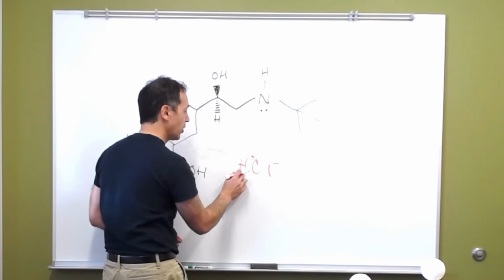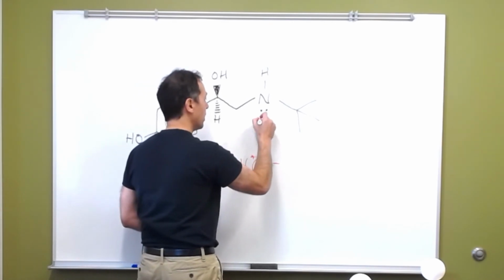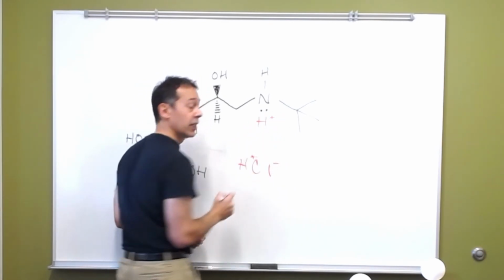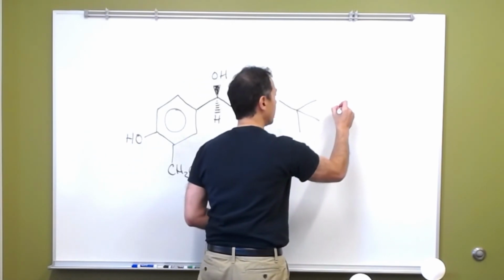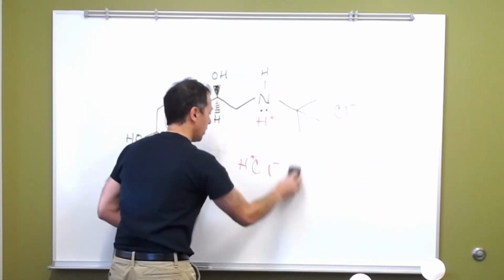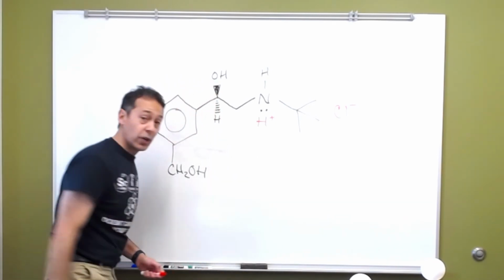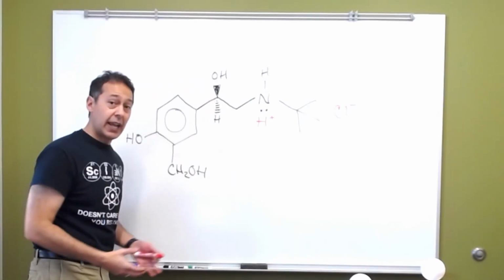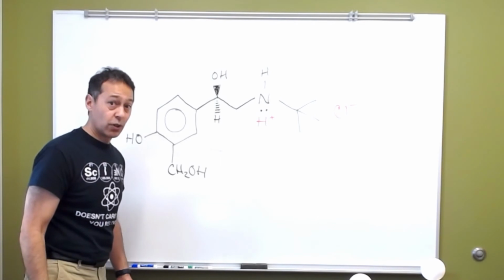And so that hydrogen ion is attracted up here, like this, and then the chloride ion is attracted to the whole molecule. So this becomes albuterol hydrochloride, or R right-handed albuterol hydrochloride.